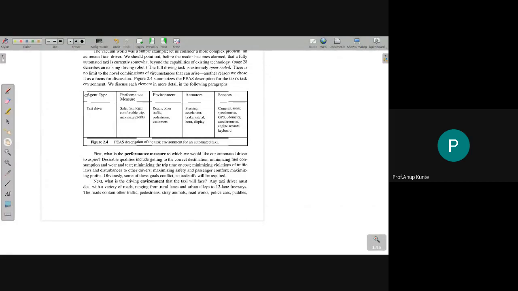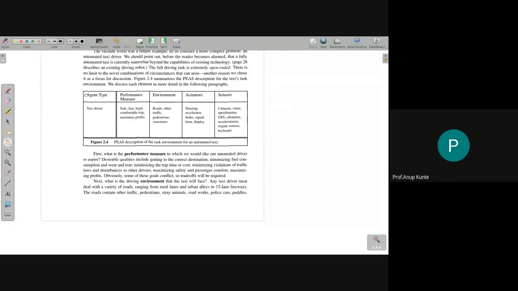So there could be various performance measures depending on what sort of scenario you are working in and what sort of automated taxi driver you're working with. Based on these performance measures, you will define some criteria to assess the completion of a tour, the satisfaction of a customer, or maybe the profit of a taxi driver. So there could be different ways in which this performance measure can be defined.